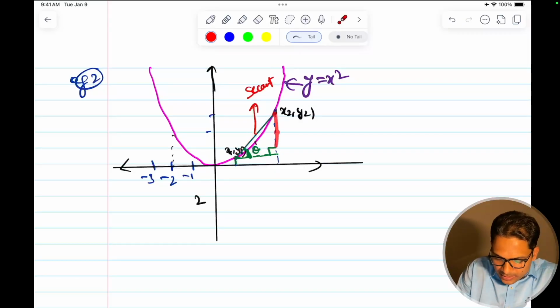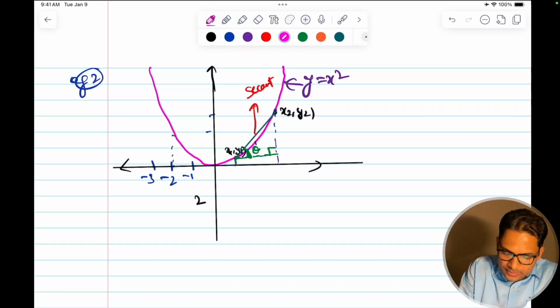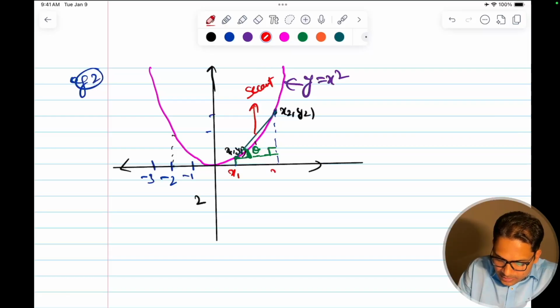So do I know this length and this length? If I have 2 points on this curve, if I draw a secant connecting any 2 points, and now I drop a perpendicular this side. So this point is your x1. This is x1, this is x2, and the corresponding points are y1 and y2.